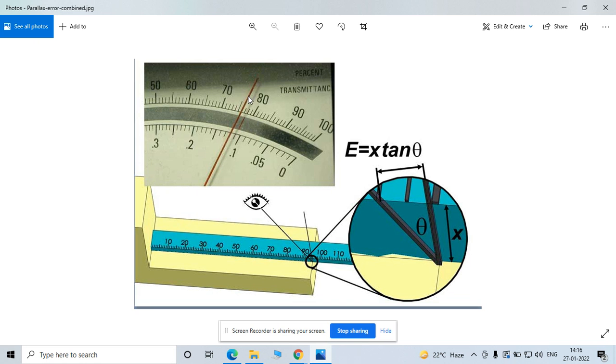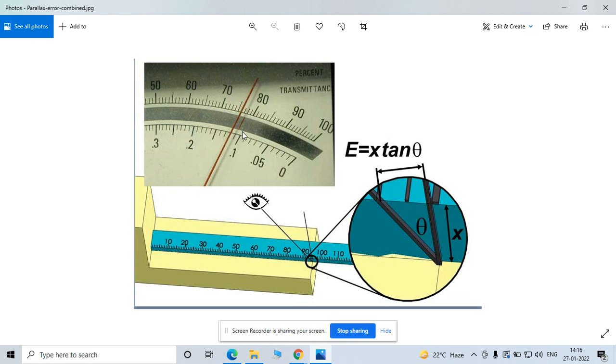See, this is your pointer and this is your pointer shadow. When you observe the reading, this shadow should not be visible to you. Then only you can say that you are taking a good or accurate reading. That is nothing but your parallax error, or you can say observational error.